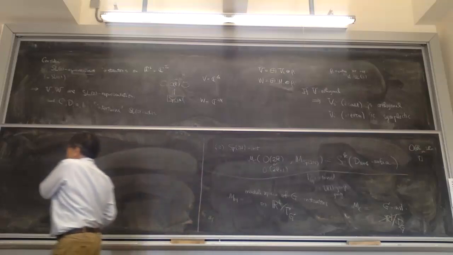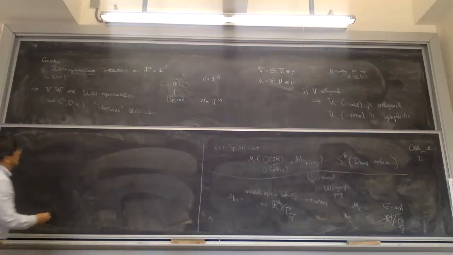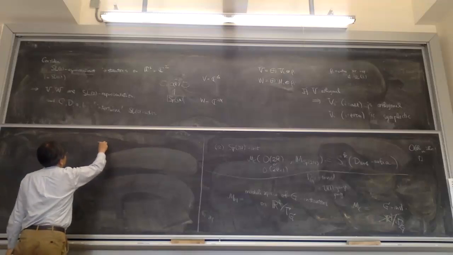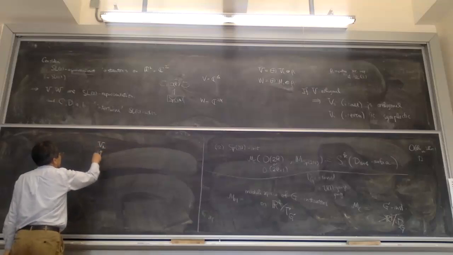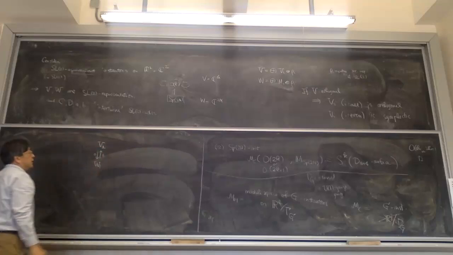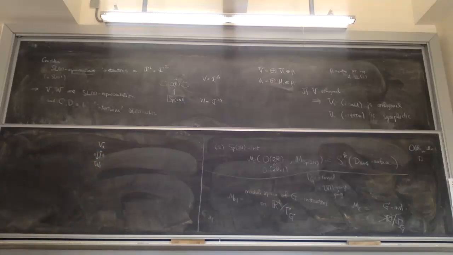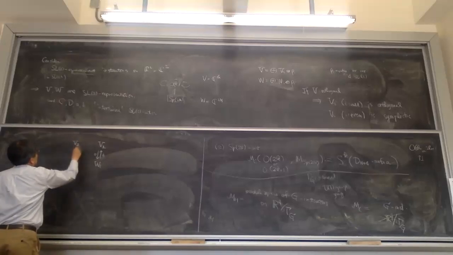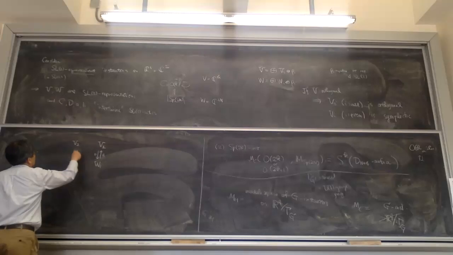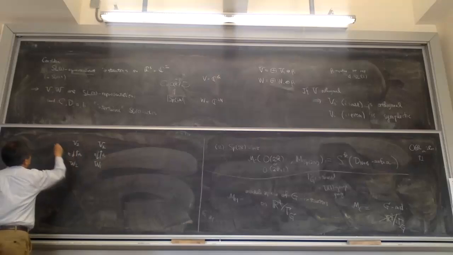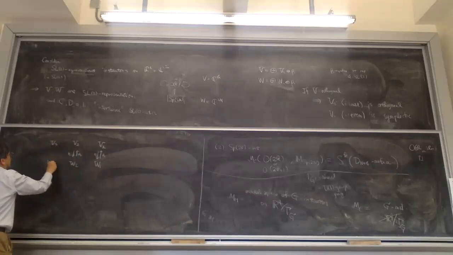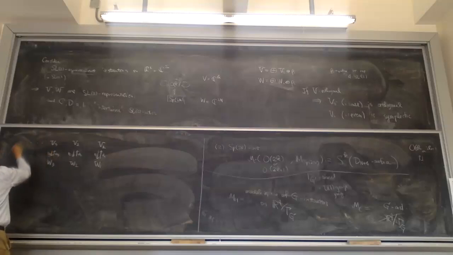In fact, the linear maps are like the following. You have V1 and W1. Those small a and small b are just intertwining the SL2 action as usual. This is A1, B1, A2, B2, and V3, W3, and so on.